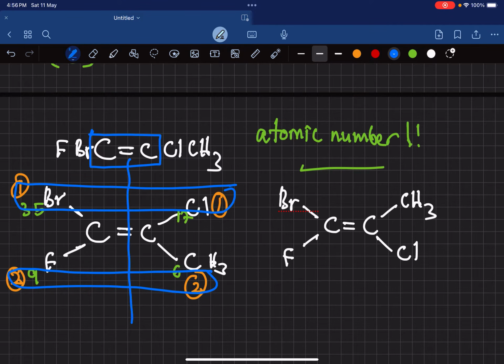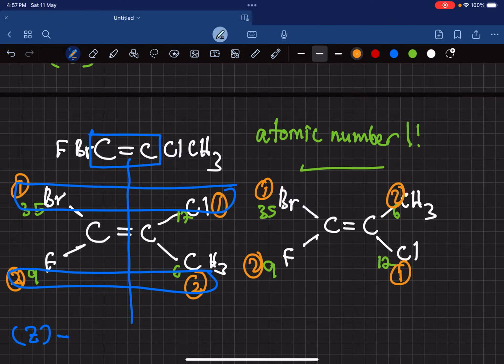One facing 1, 2 facing 2. So this is going to be what? This is 1 and 1 facing each other. This is going to be Z, whatever this guy is. So if that's the case, this was 35, this was 9, and this was 6, and this was 17. Again, what we decided just now was that this number is bigger than this, and this number is smaller than this, right?